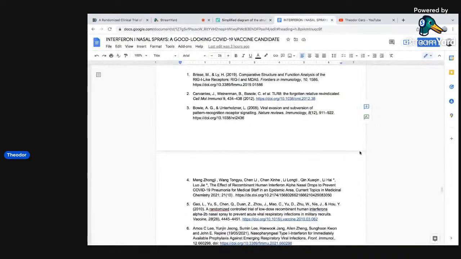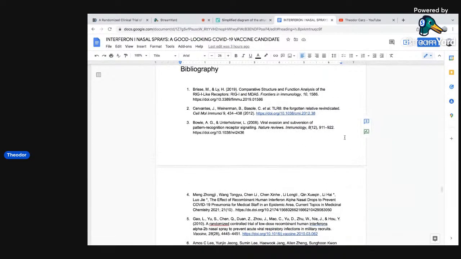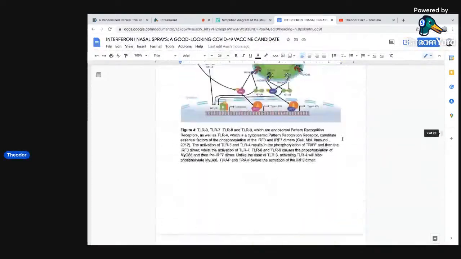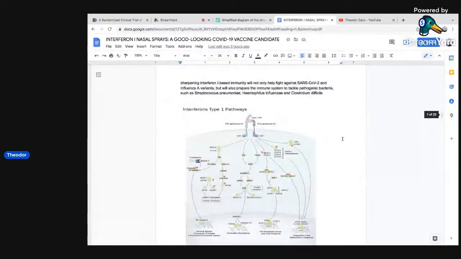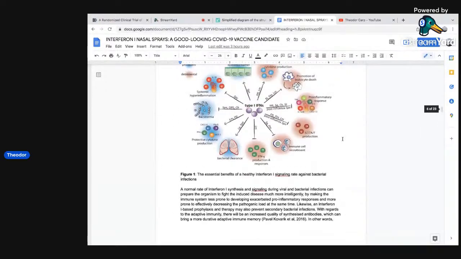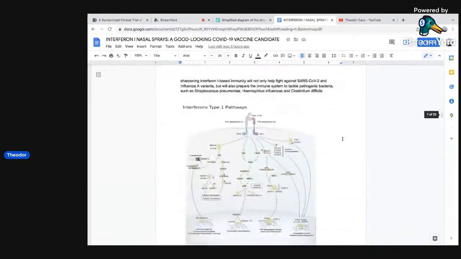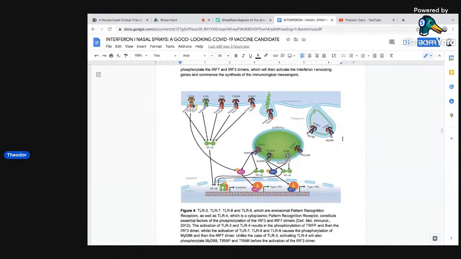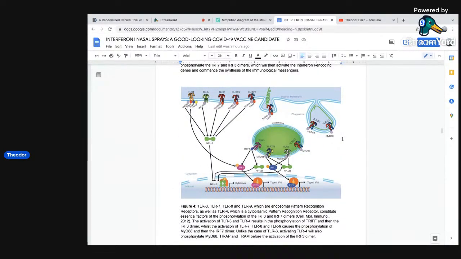Let's go to figures. I want to show you some figures to explain type 1 interferons, how important they are. So I will be starting with the intracellular production of type 1 interferons. It all starts from these receptors here.